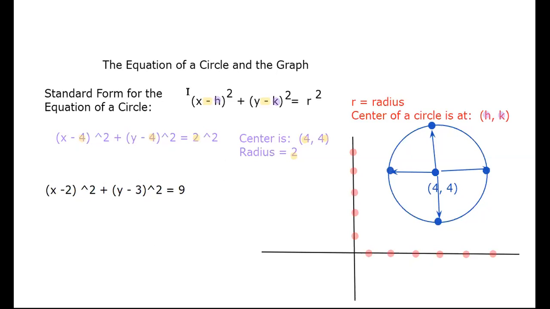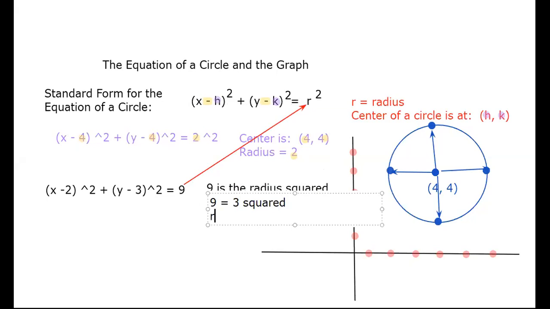Well, you're going to have to know that 9 is the radius squared. Since I didn't write it in this format, in an r squared format, you're going to have to figure that out. Well, 9 is 3 squared. So then the radius must equal 3.